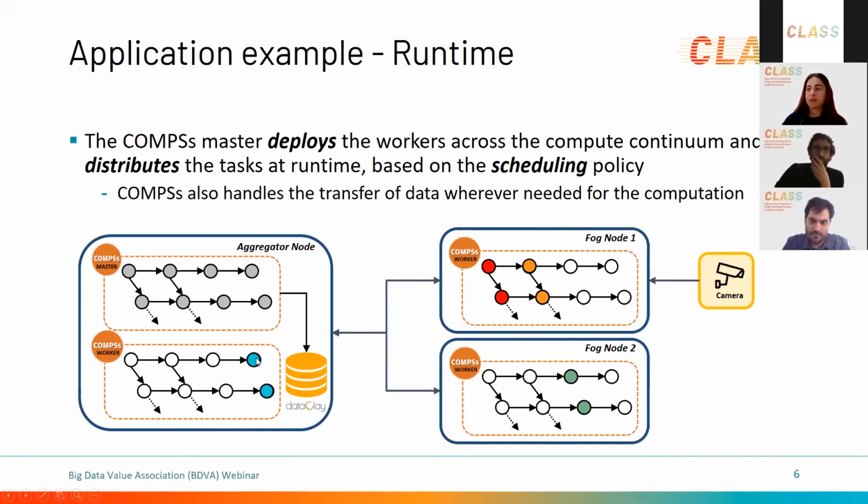And the generation of the snapshot is hard limited to be executed at the aggregator node because we marked it as a constraint. And the deduplicator runs at a different node. Now COMPSS will handle the data transfer of all the dependencies, all the list of tracked objects and detected objects wherever they are needed.